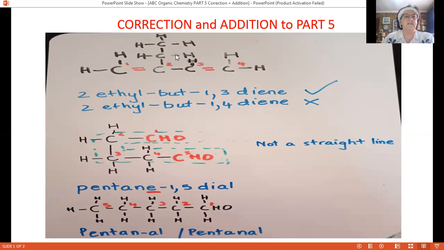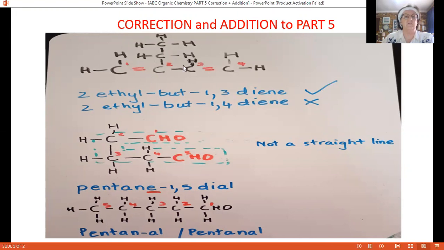Then you've got an attachment on carbon 2. And we know the attachments, the added groups or the branches, are part of the prefix. So it's 2-ethyl, but, 1 and 3 diene, because it's an alkene, double bond alkene.